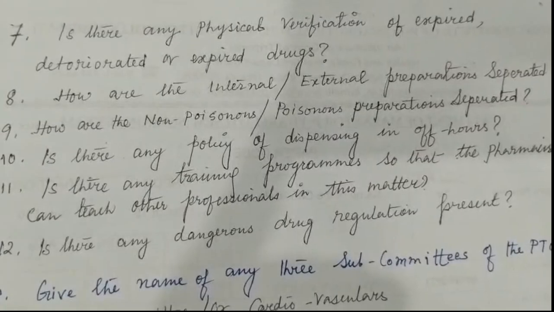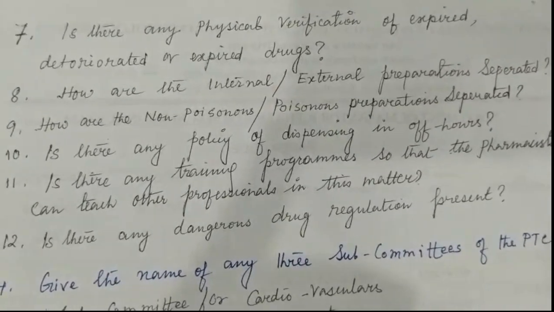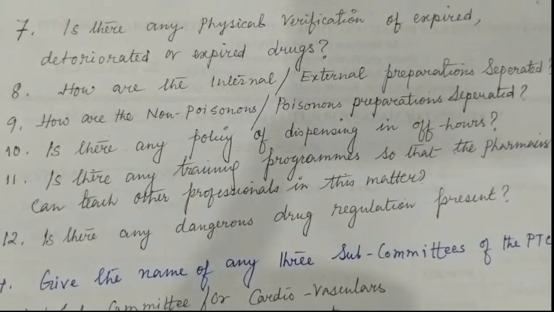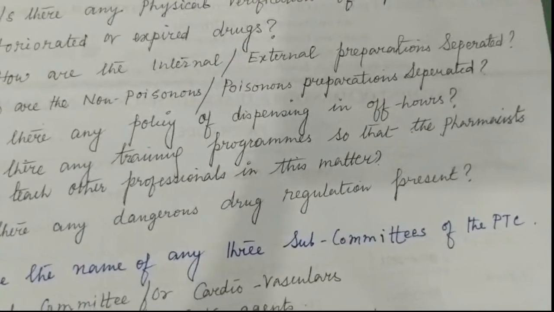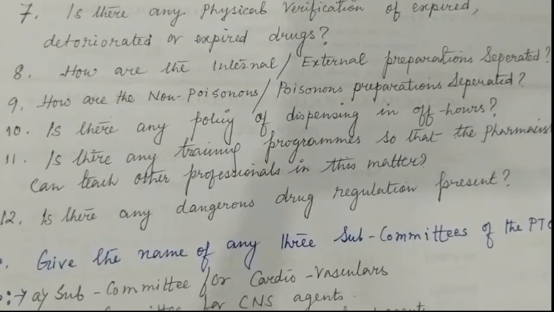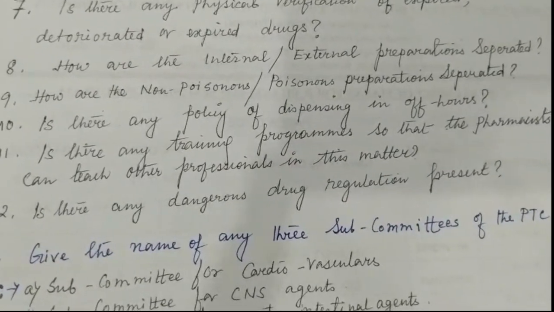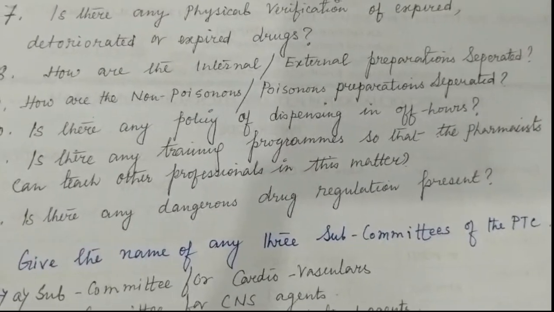Number 10 is whether there is any policy of dispensing in off hours. Number 11 is whether there are any training programs so that the pharmacist can teach other professionals in this matter. And number 12 is whether there is any dangerous drug regulation present.